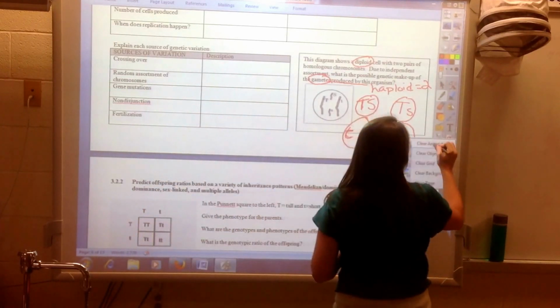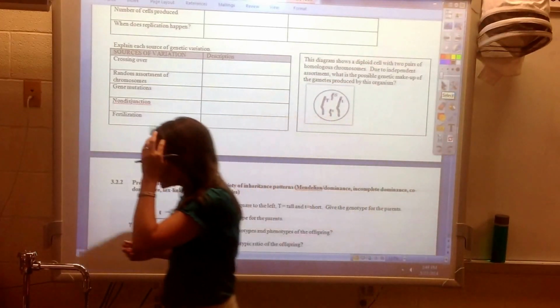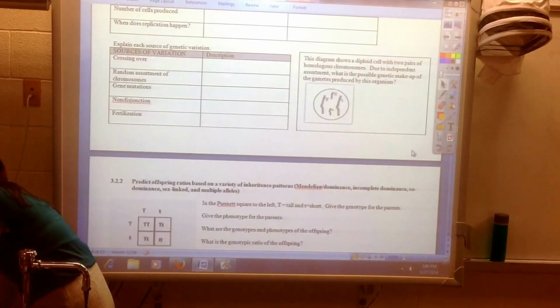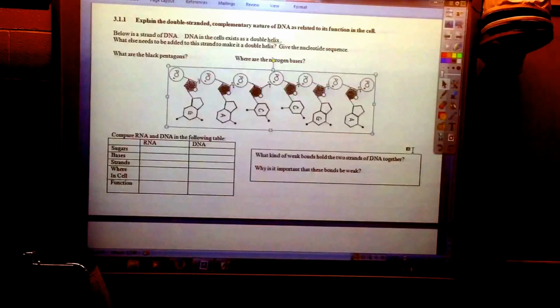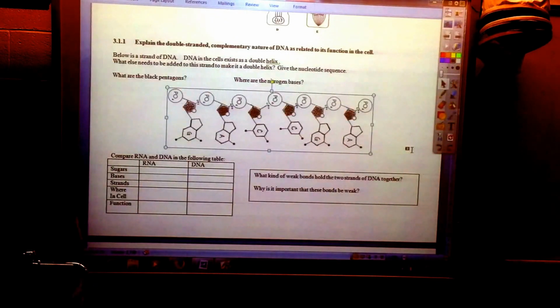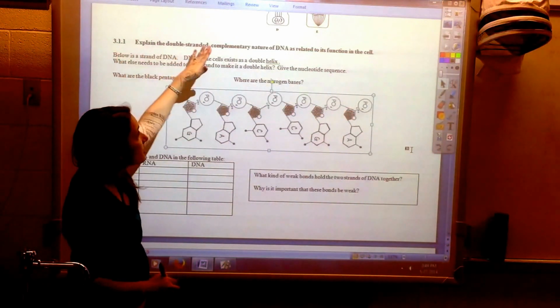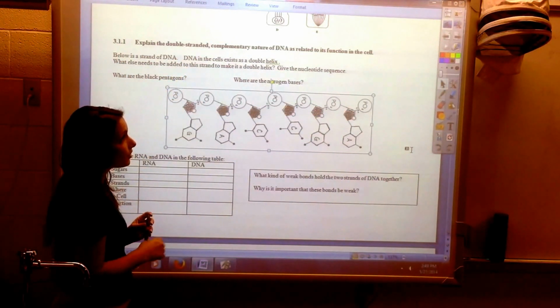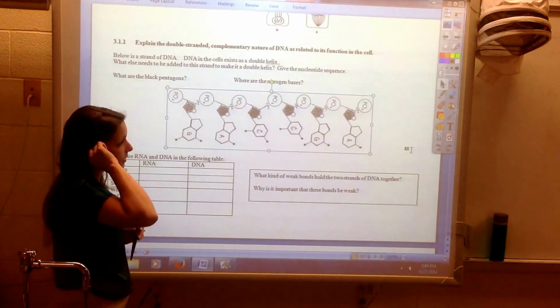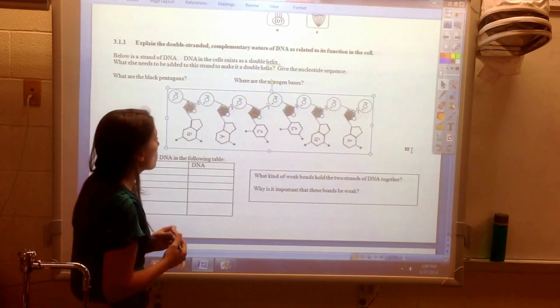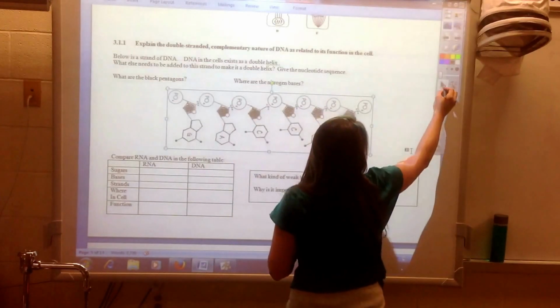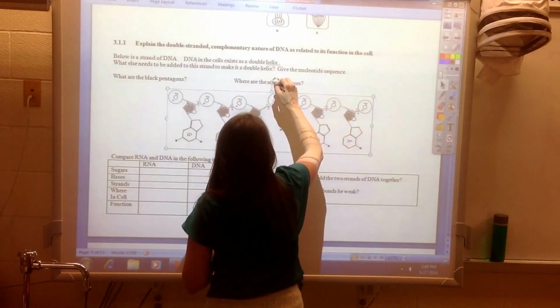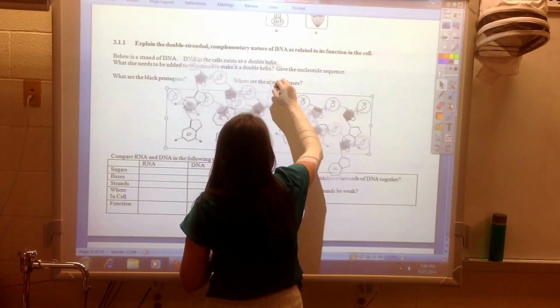We do want to talk in this section also about DNA. And so if you'll scroll back up and we look at 3.1.1, explain the double-stranded complementary nature of DNA as related to its function in the cell. Well, the interesting thing here is that here you have a picture of DNA.